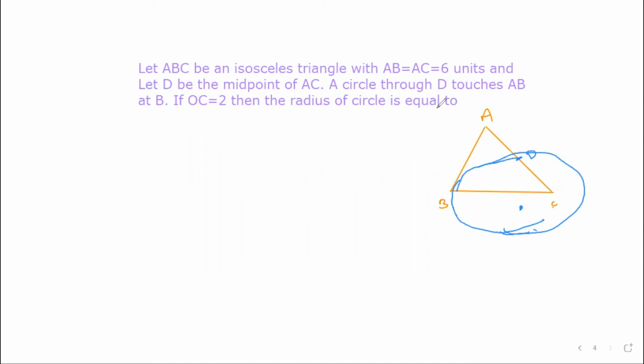So in order to solve this question, let us extend AC to meet the circle at E. And OC is extended to meet the circle at H on one side, and it is extended to meet the circle at F on the other side.